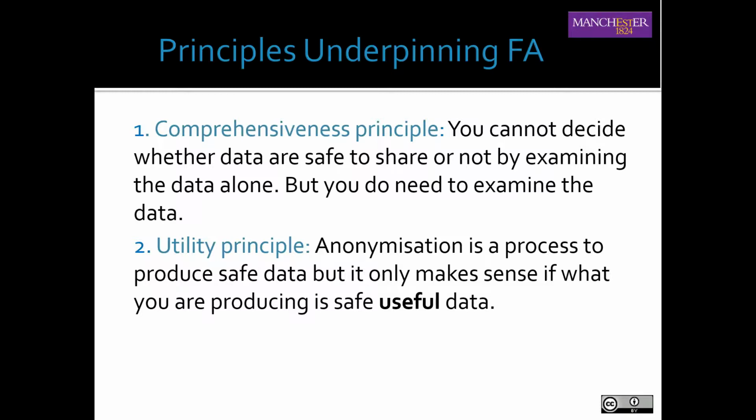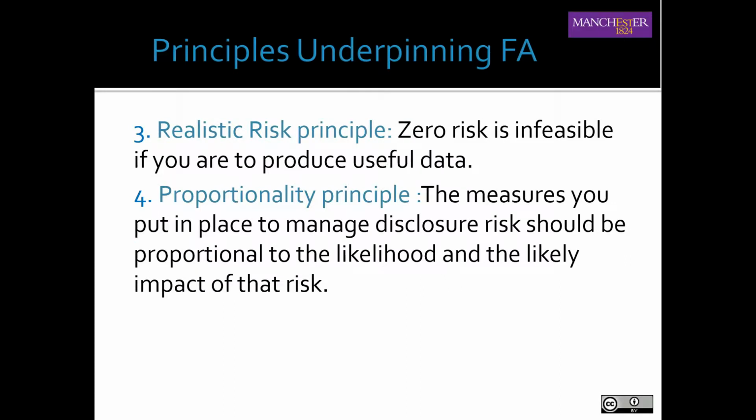And these follow really from what I've said before. The realistic risk principle again follows: zero risk is infeasible if you want to produce useful data. And then the measures that you put in place to manage disclosure risk should be proportional to the likelihood and impact of that risk. So that's the proportionality principle.